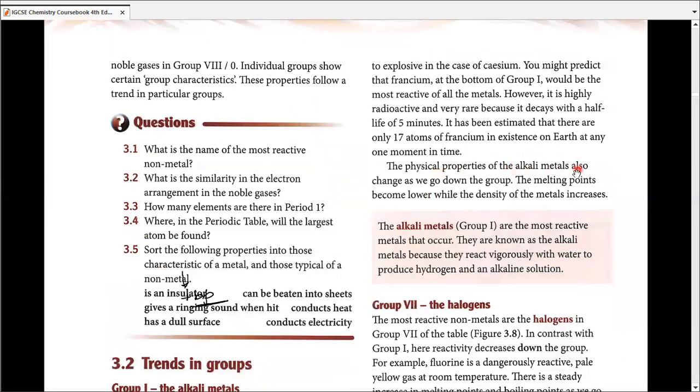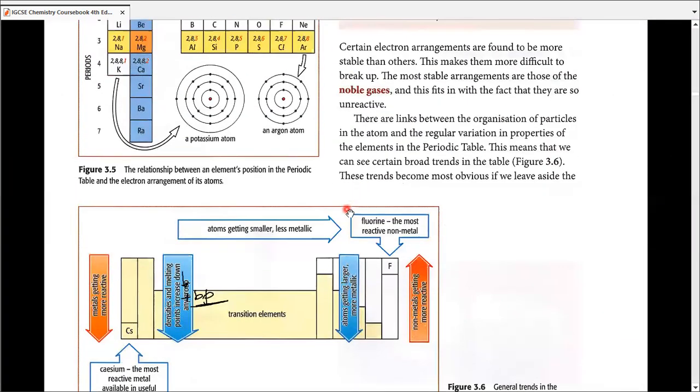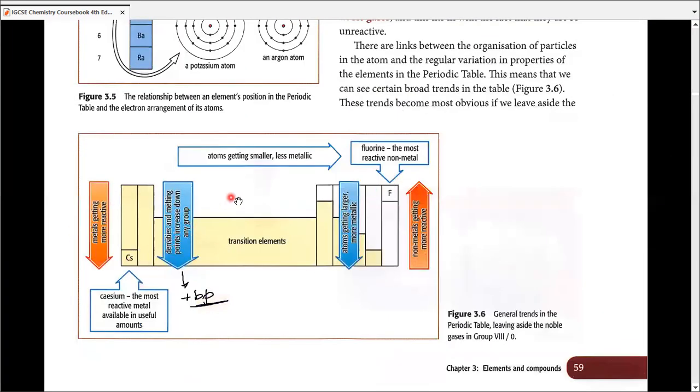The physical properties of alkali metals also change as we go down the group. The melting points become lower while the density of the metal increases. So this is an anomaly. Anomaly means odd behavior, different, where the whole periodic table accepts this arrow, group 1 does not.